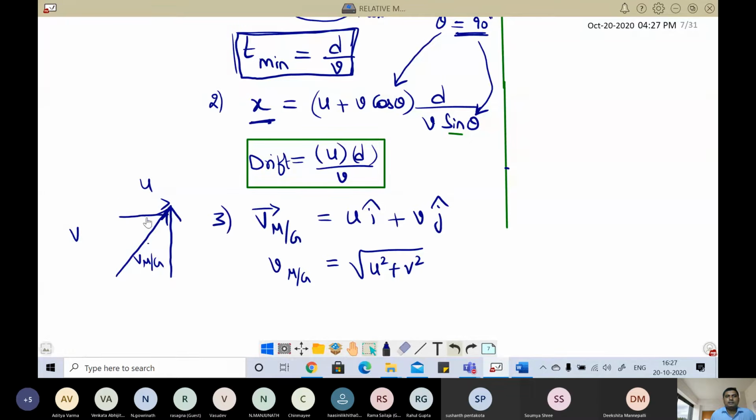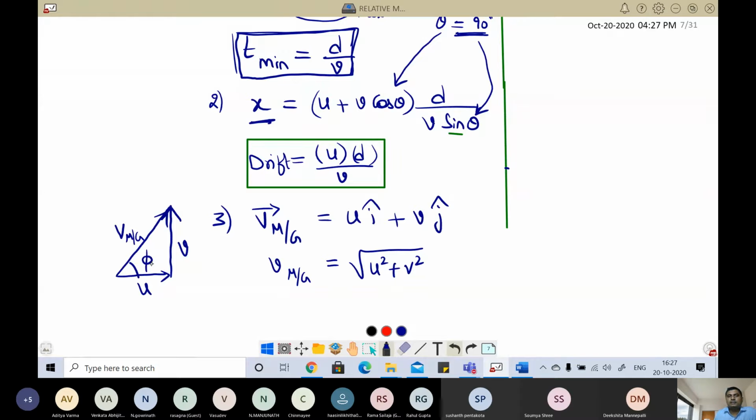When I shift these vectors, you will get the velocity of man with respect to ground, which is nothing but hypotenuse by Pythagoras theorem, root over u square plus v square.